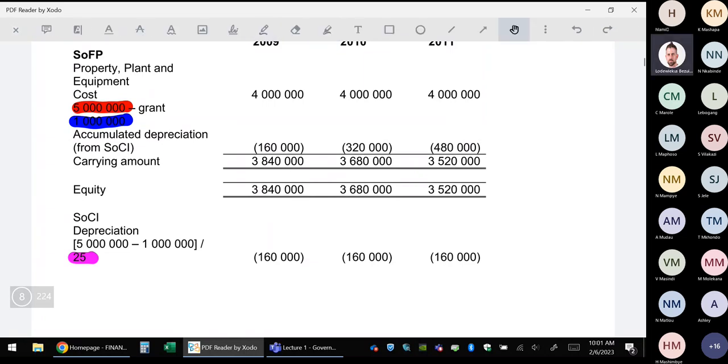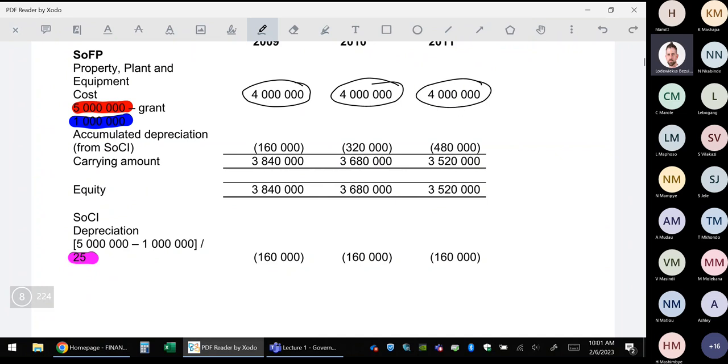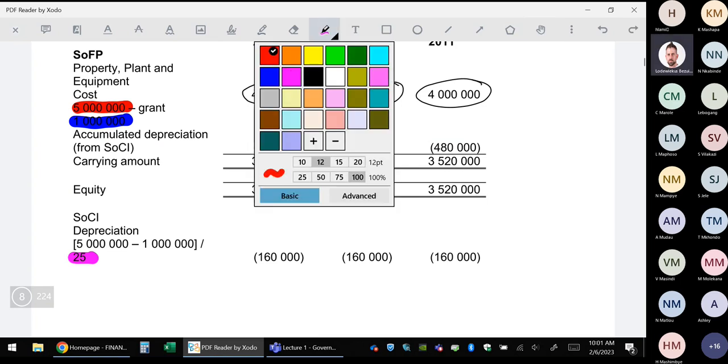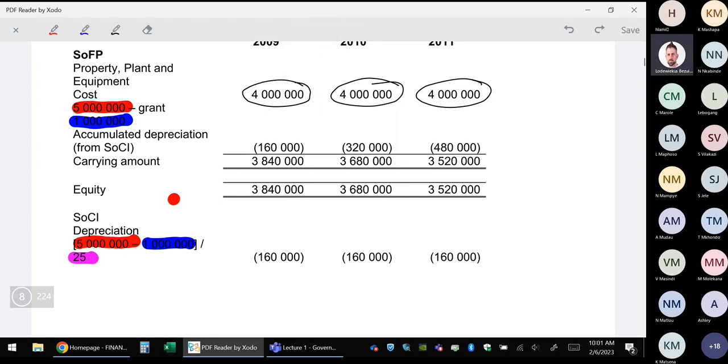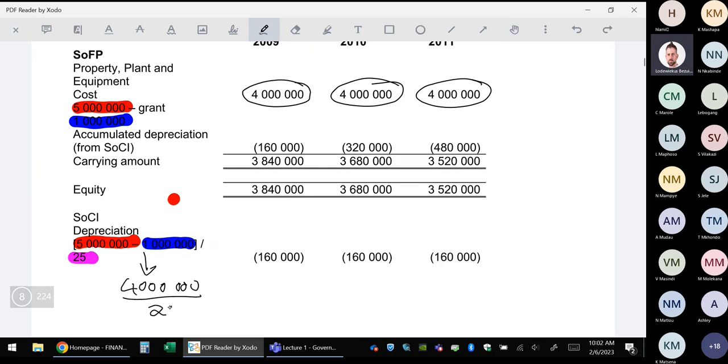So now what happens? Now I'm going to say 5 million less a million gives me the actual cost of the asset after we have accounted for the grant that we received. 5 million less the grant of a million gives me the depreciable amount of 4 million, and we divide that by the useful life of 25 years.